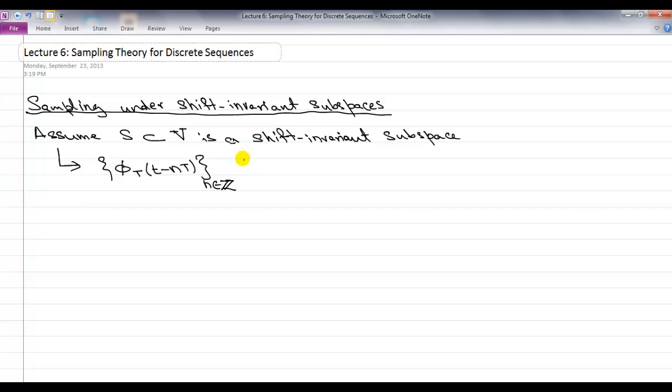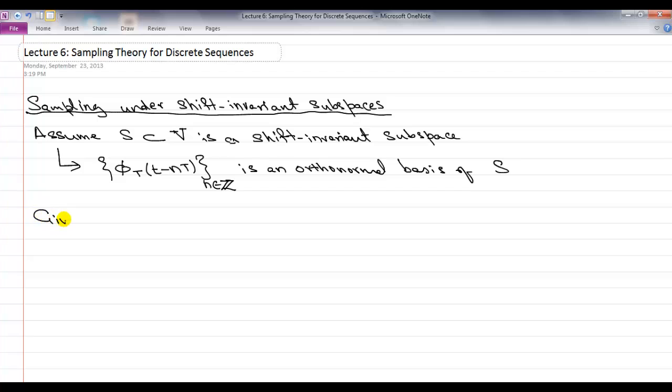And for this class we are going to assume that we are only working with an orthonormal basis of S. Then the general sampling paradigm goes as follows.